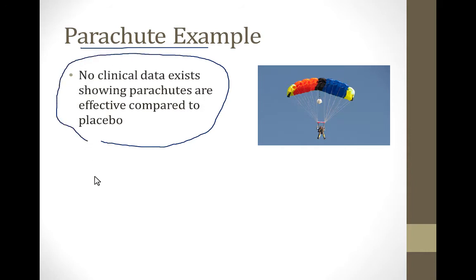But the point is that some therapies are so obviously beneficial that it wouldn't be ethical to conduct a clinical trial and stick people in the placebo arm, just like you would want to be in the placebo arm of a trial of parachutes and get pushed out of a plane without a parachute. And there are some surgeries that are so beneficial for conditions that are very deadly that we'll never have clinical trials testing them against no surgery. They're just adopted as the standard of care, and we always do them even in absence of clinical trials.